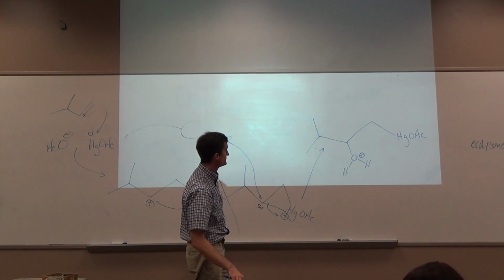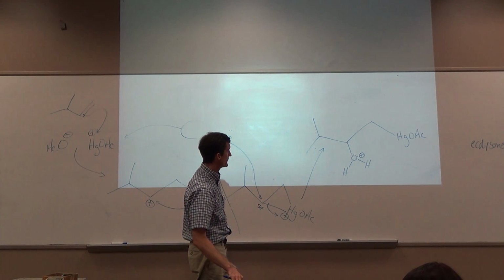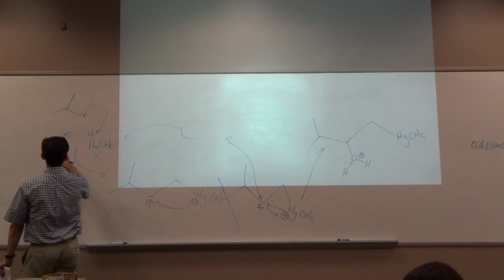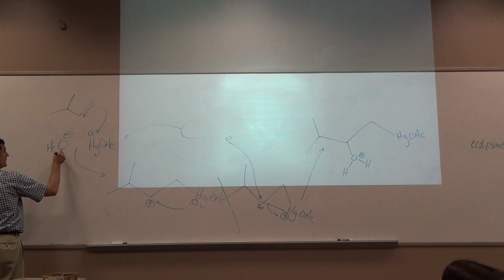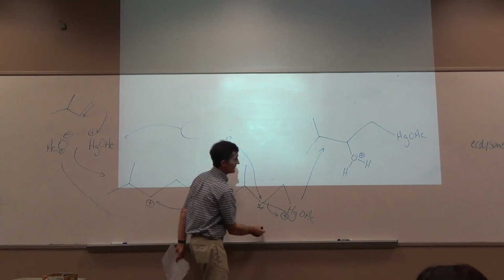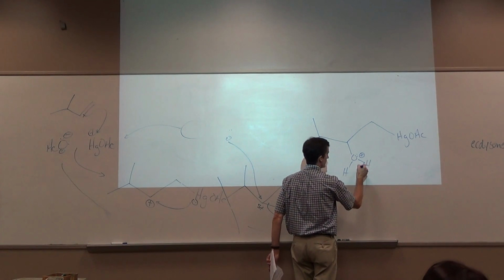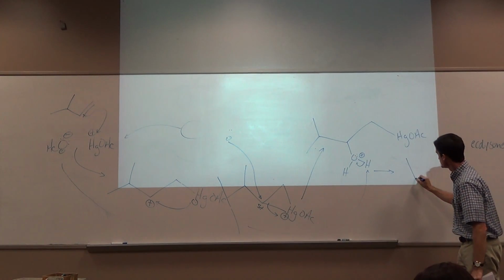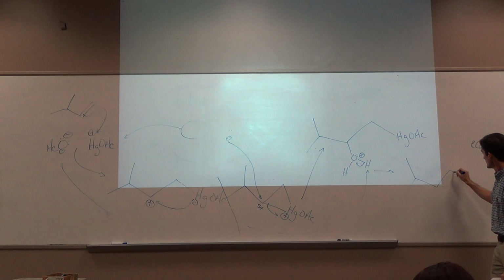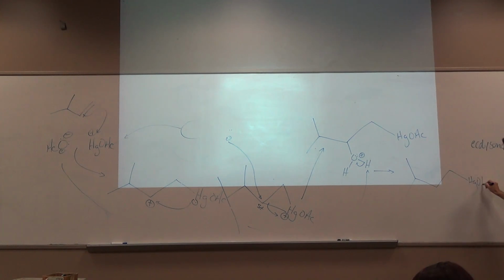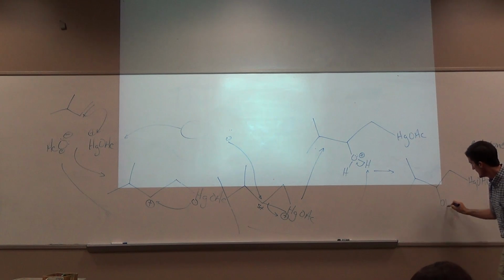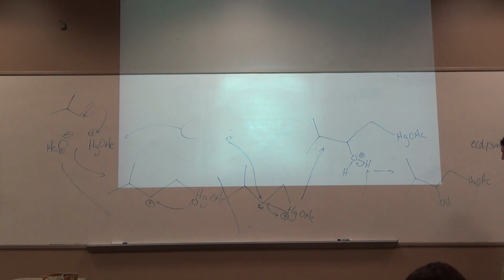Okay, at that point, we can take an H here and go neutral. This acetate's been watching the whole time. Acetate can take the H, these electrons can stay behind, and we can get that product there plus what?